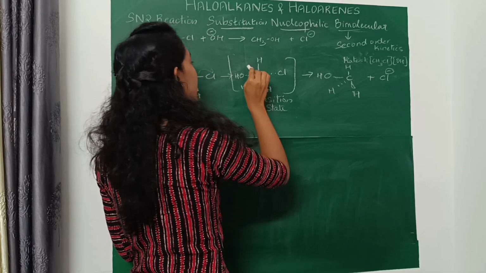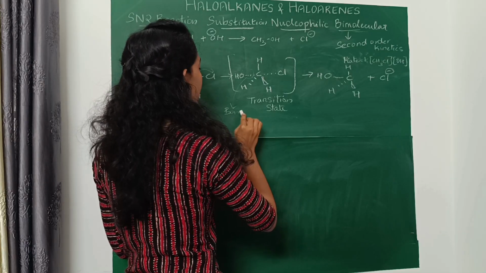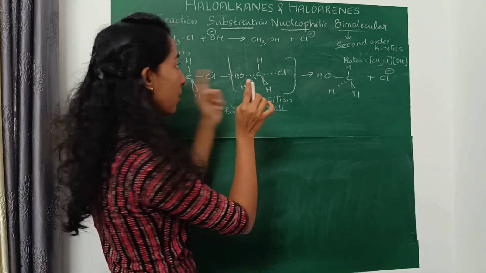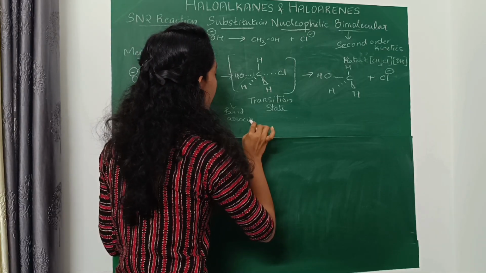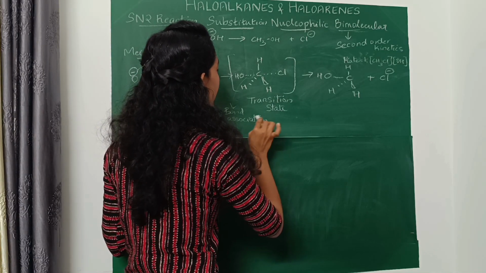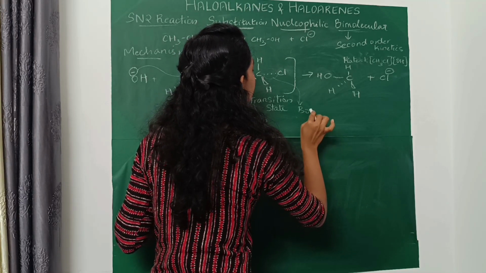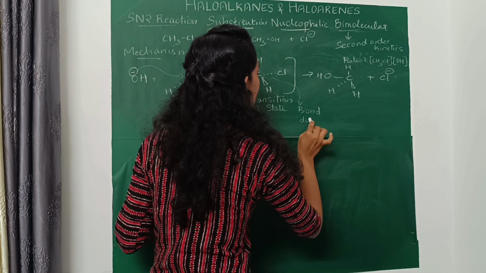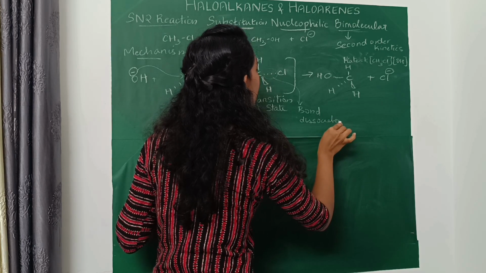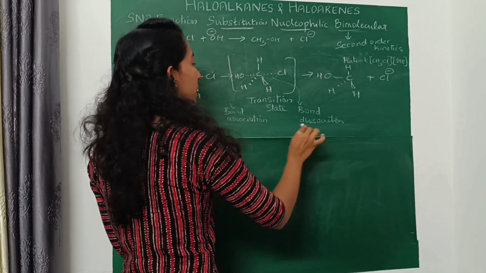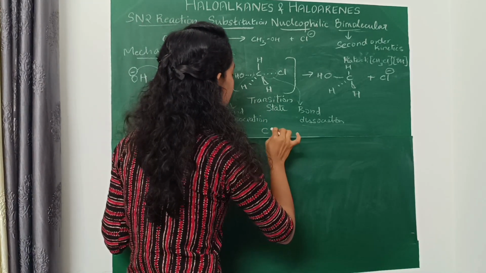Here you can see there is bond association taking place, and this is bond dissociation. Since these two steps take place in a single step, it is called a concerted reaction.